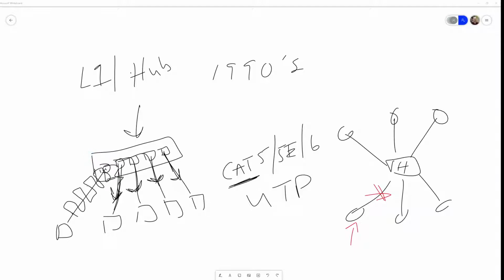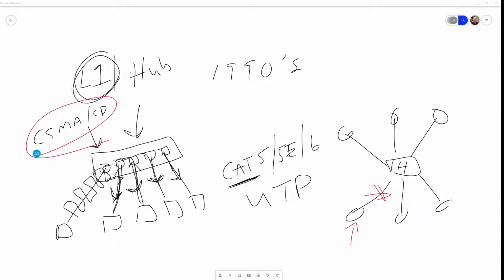But there was still CSMA/CD technology existing in this device because it was a layer 1 device, and we needed to be aware that when this computer communicated, the other ones needed to back off and listen. So we still had the CSMA/CD technology going on. All right? That was an advancement.